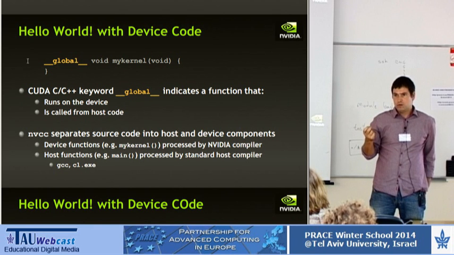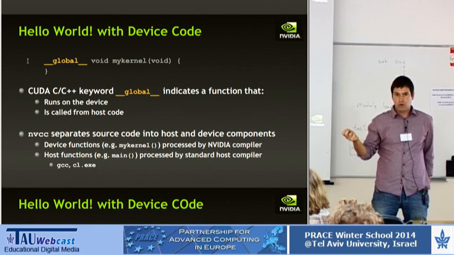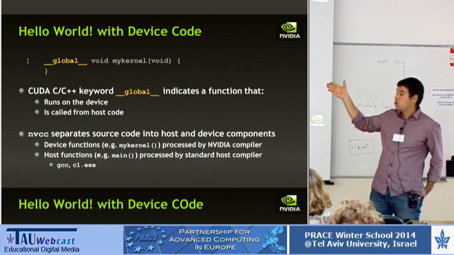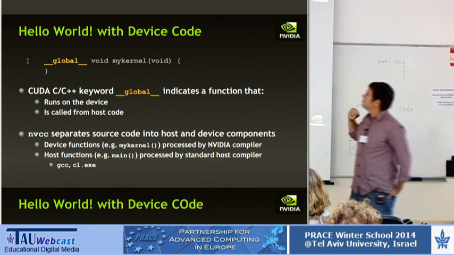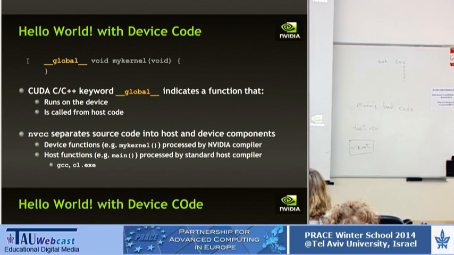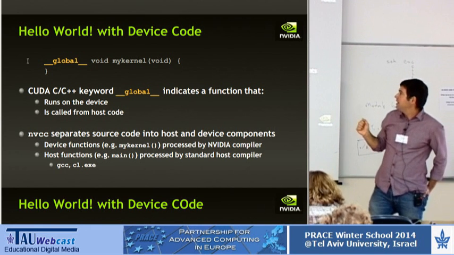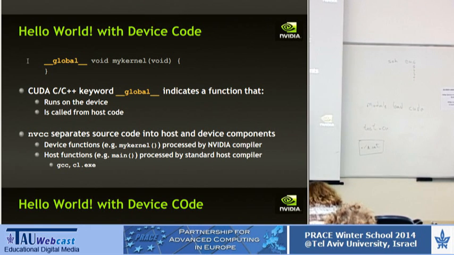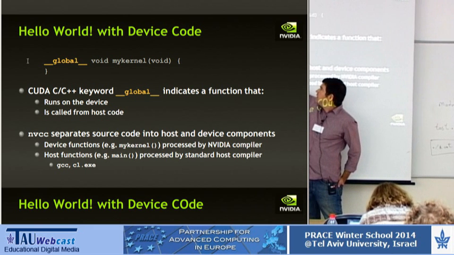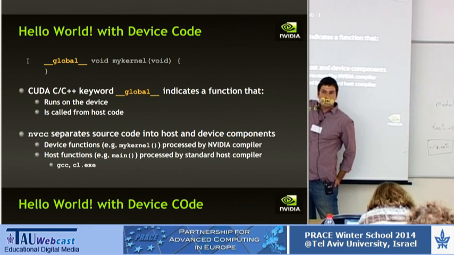So we need some keyword to distinguish between the kernel GPU code and the CPU code, and this is it, global. Many of the GPU special keywords have underscore, underscore before them and underscore, underscore after them. This specific one means that this is a kernel. It runs on the device, so it runs on the GPU, but you call it from the host. The administration is done from the host.